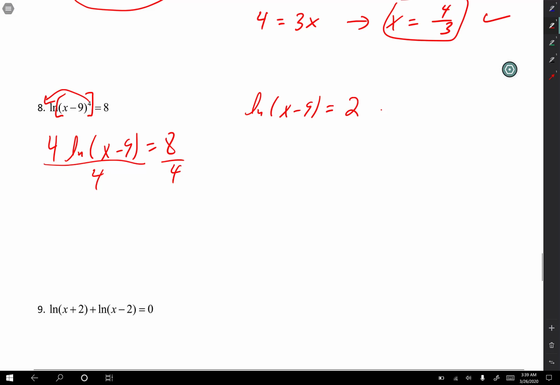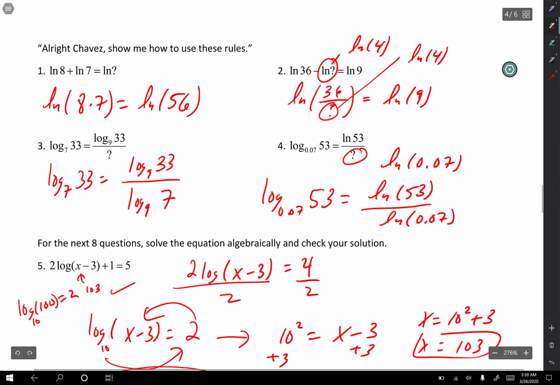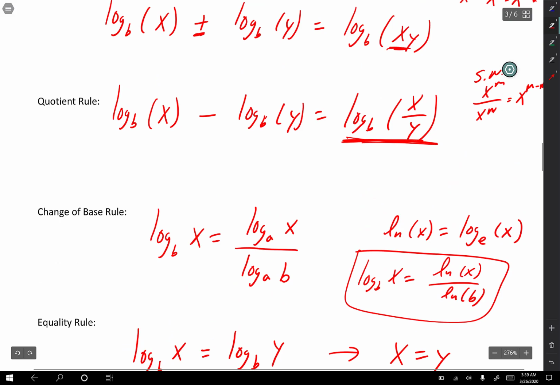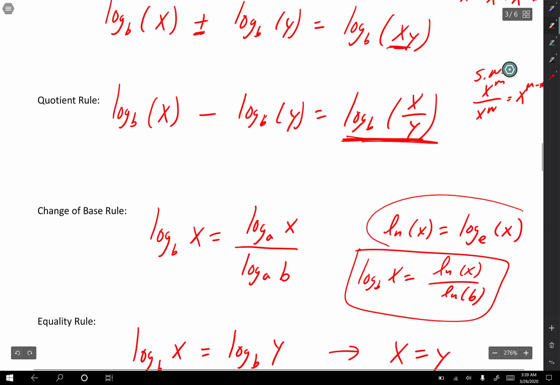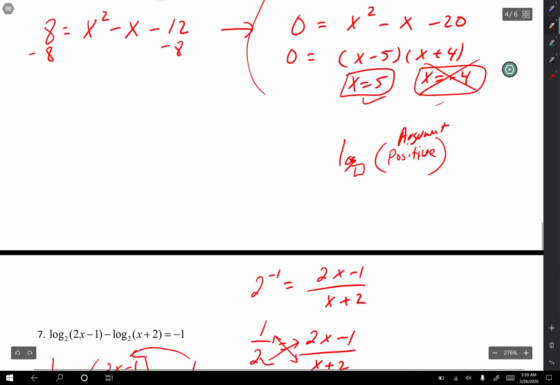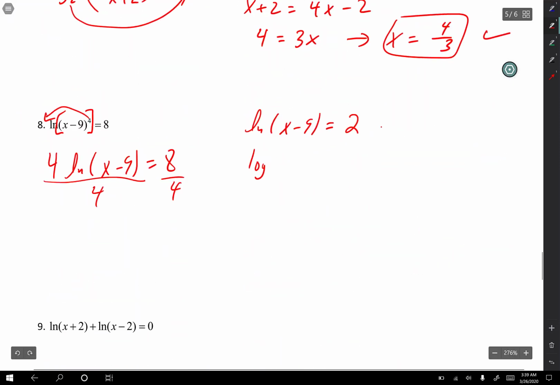Since I haven't talked about e, I'm not going to go there. I'm just going to change the ln to log base e. So remember that property. It's right here. So I'm going to change it to that property, guys. So here we go. I'm going to write log base e of (x minus 9) equals 2. And now we're ready.